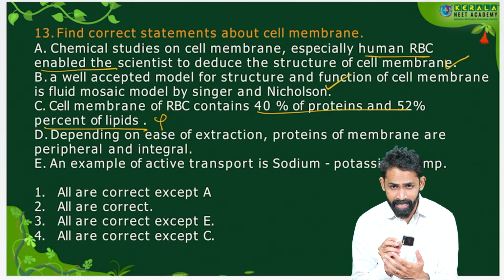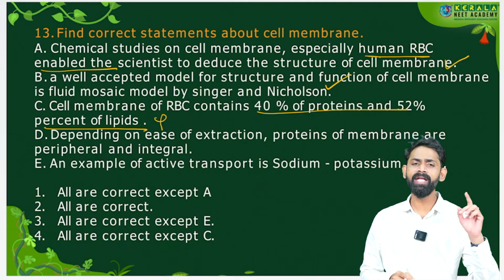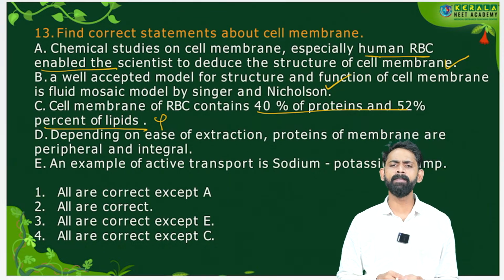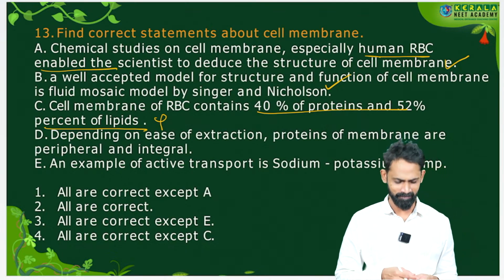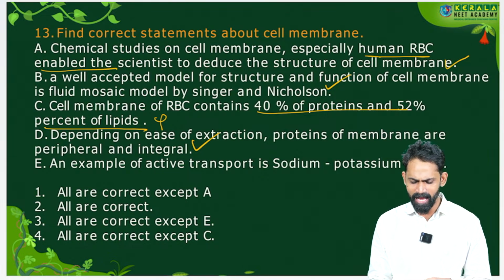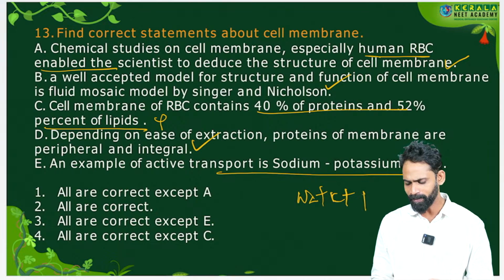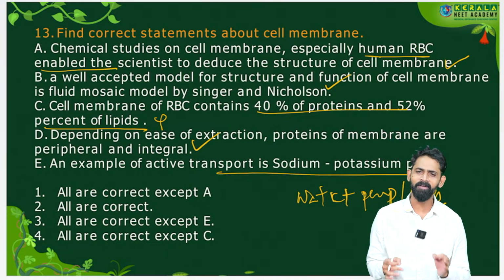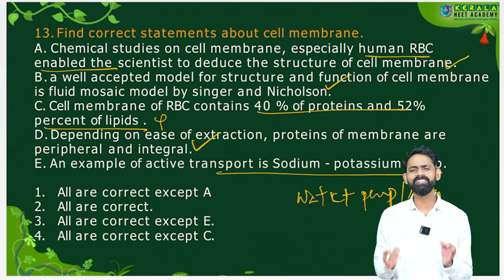One more time, while you are checking the video, just to check. Next one: depending on the ease of extraction, the proteins of the plasma membrane are of 2 types, peripheral proteins and integral proteins. Next one, an example of active transport: if you remember, the sodium potassium pump, or you can call it sodium potassium ATPase. How much it plays an important role in maintaining the resting membrane potential in the nervous system is extraordinary.